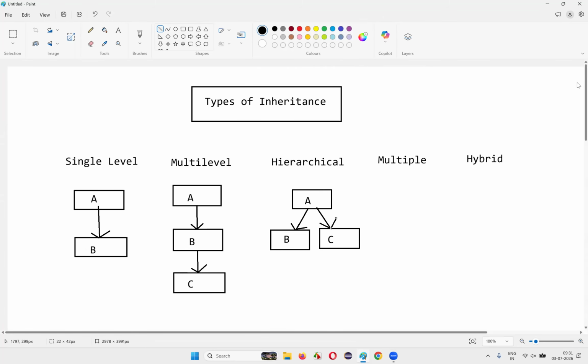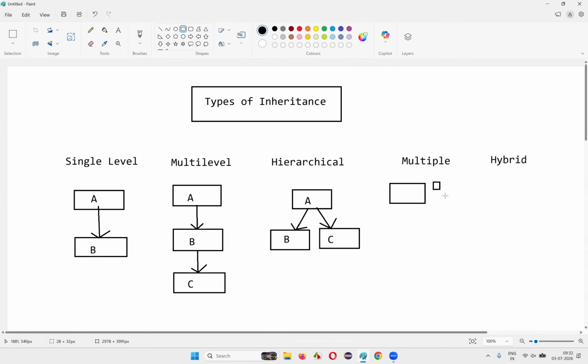Then we have multiple inheritance. Let me just drag it a bit to the side. The next variety here is multiple inheritance. So what is multiple inheritance? I'll explain.